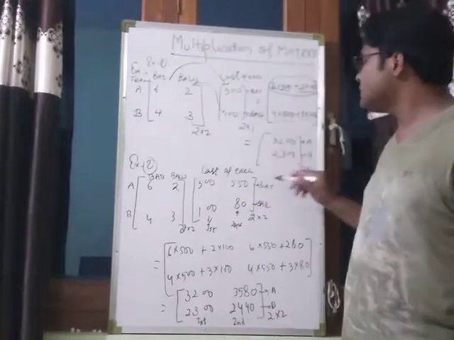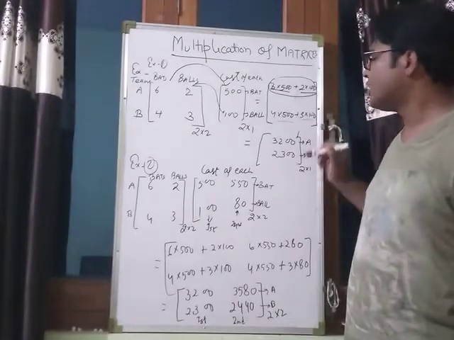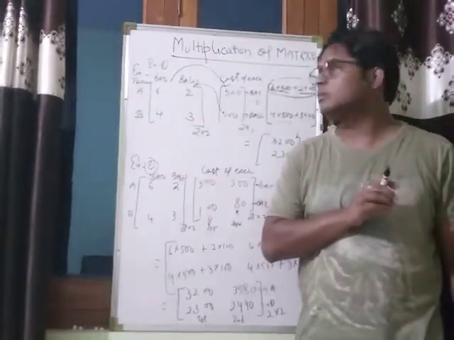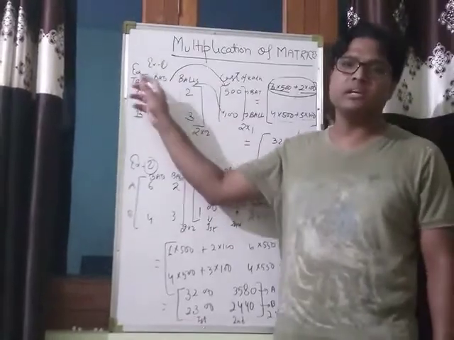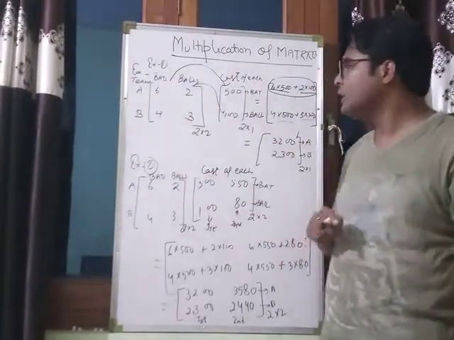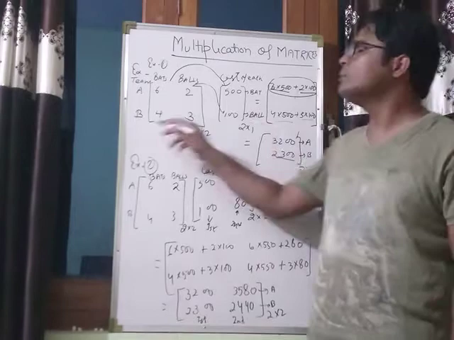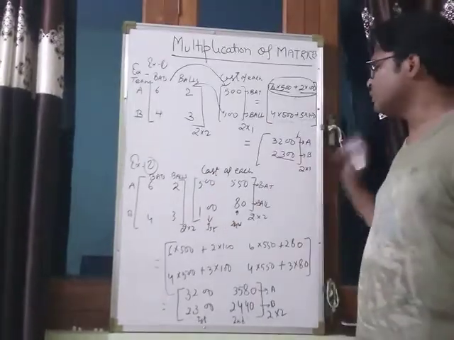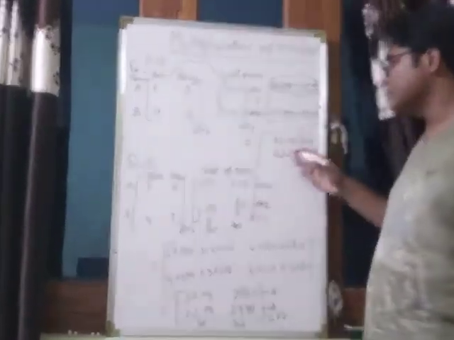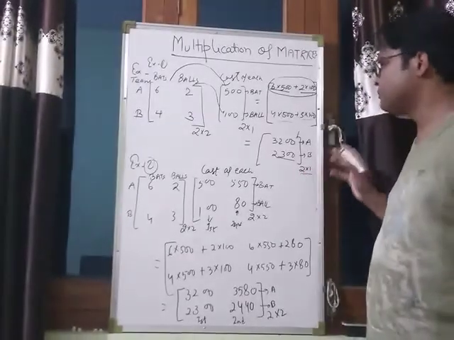When we solve this, we get 3200 rupees required by team A and 2300 for team B. This is also a matrix of order 2 by 1.